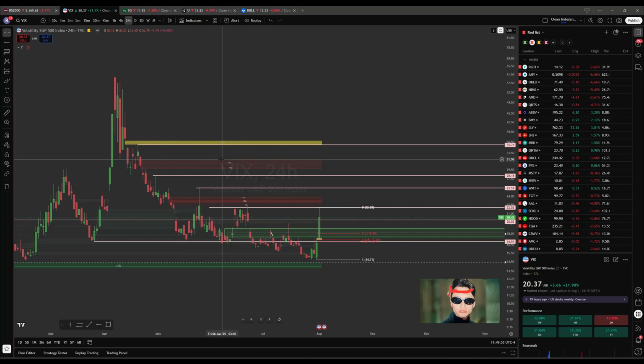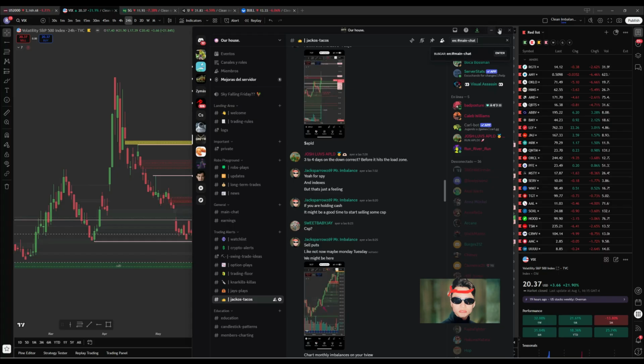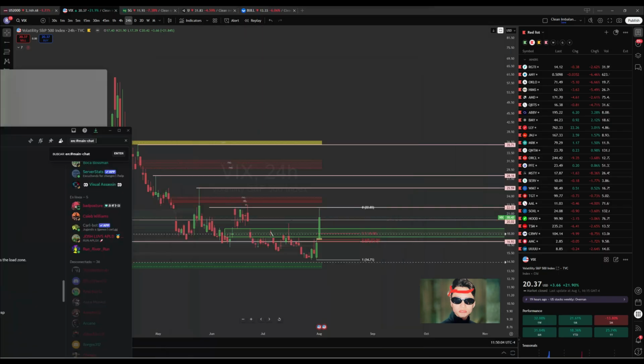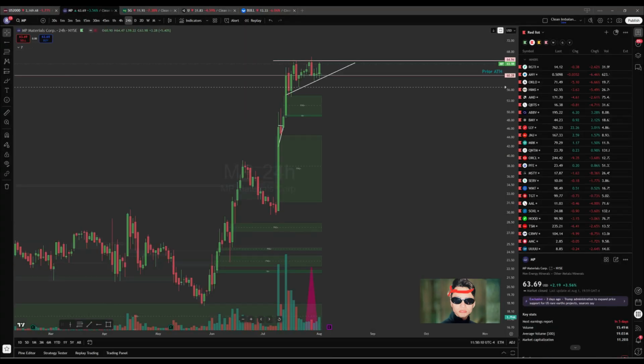So I want to talk about some plays that I was looking at. I alerted this one, and I've been also keeping a close eye on it. It's MP. It's materials. Let me show why. So this is the MP chart.